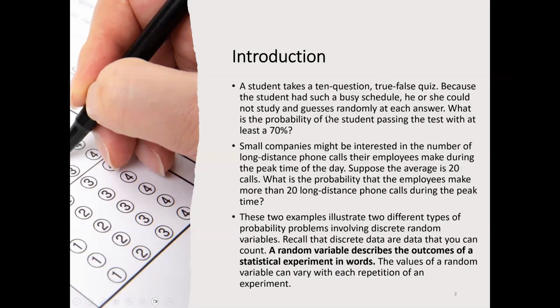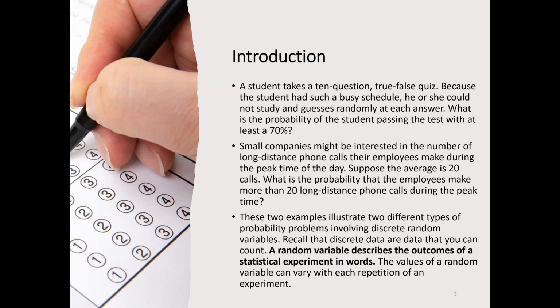Okay, so here are some examples of where you might use a discrete probability distribution. A student takes a 10-question true-false test. Because the student had such a busy schedule, he or she could not study and guesses randomly at each answer.